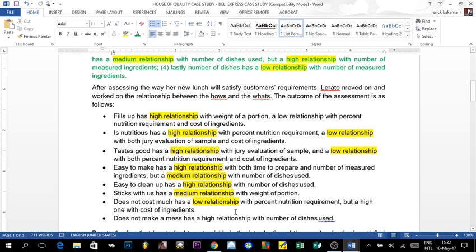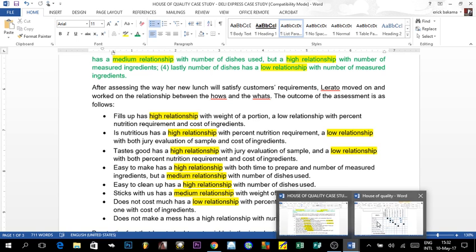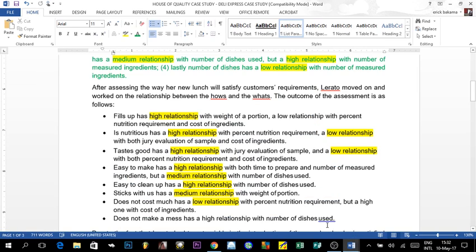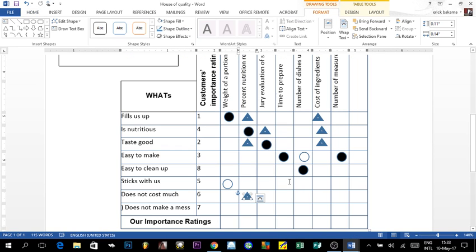So this is the low relationship with the percentage of nutrition, which is somewhere here, and this one is high with the cost of ingredient, that is one here.